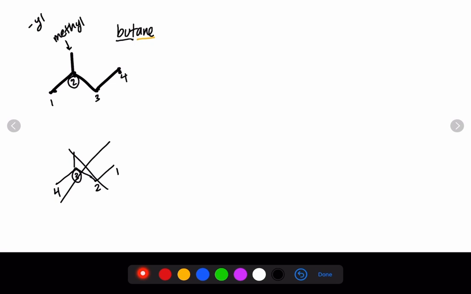So now we know we have a butane molecule with a methyl group hanging off the second carbon of the main chain. We're going to name this molecule 2-methylbutane. So essentially the order is the number of the carbon, dash, the name of the branch, followed by the main chain.